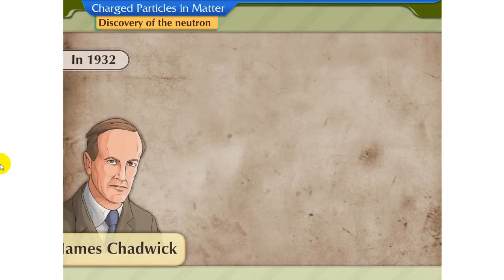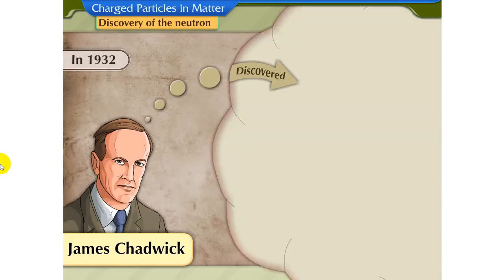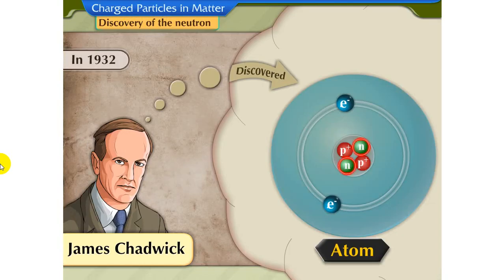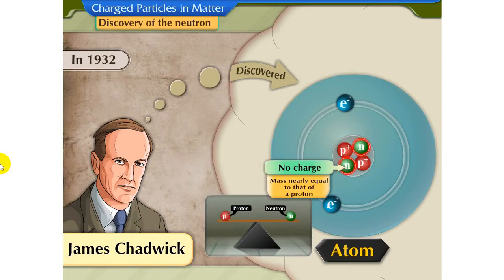Discovery of the neutron. In 1932, James Chadwick discovered another subatomic particle inside the atom. This particle had no charge and had a mass nearly equal to that of a proton.